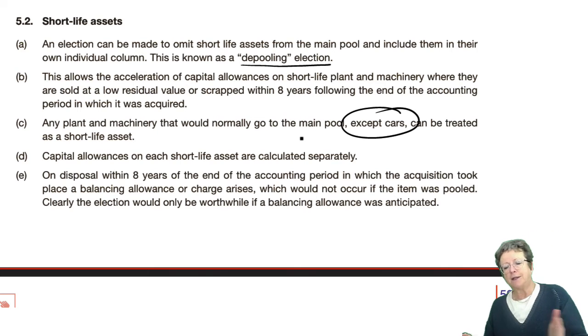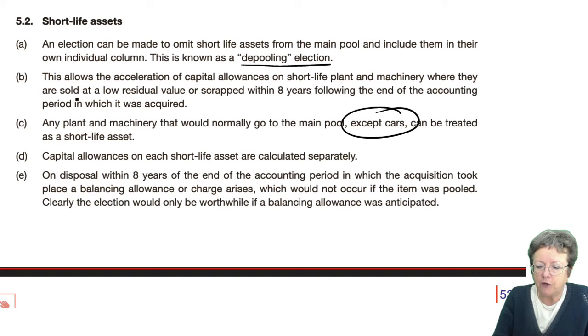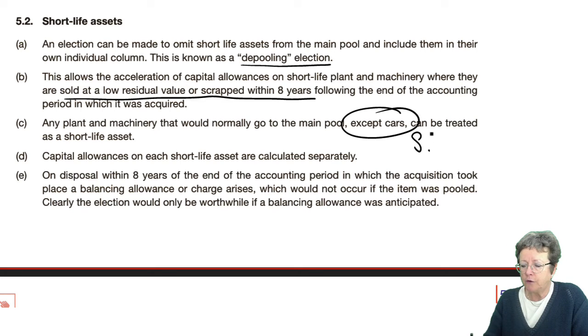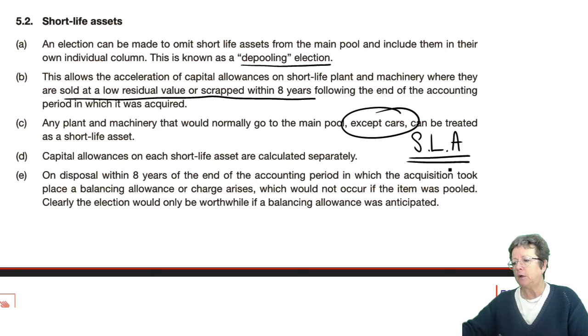What it does is it accelerates the capital allowances because the asset of machinery is going to be sold at a low residual value or scrapped within 8 years. And that will be calculated separately, and it will have the heading short life asset. So that will be the heading at the top of the capital allowances computation.